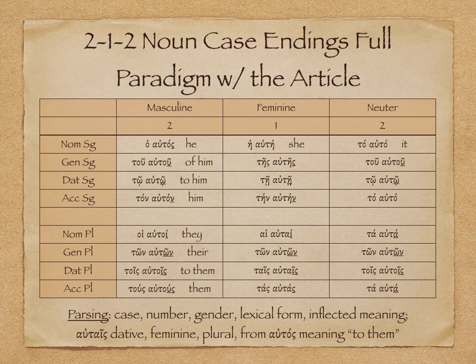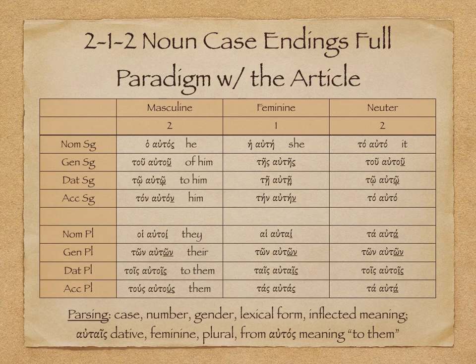Look at some translation here. Autos means he, aute she, auto it, autou of him. So autes would be of her, autou of it in the neuter. Auto to him, aute to her, auto to it, and then him, her, it.